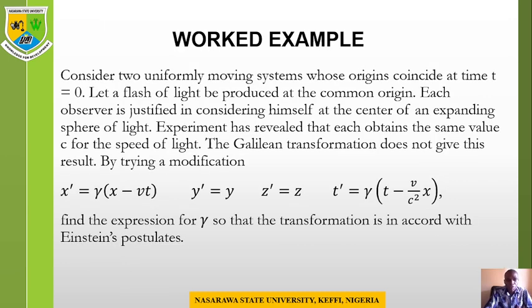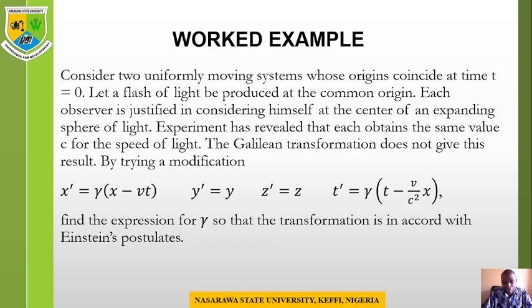Then a worked example to see how we can apply that. Consider two uniformly moving systems whose origins coincide at time t equals 0. Let a flash of light be produced at the common origin. Each observer is justified in considering himself at the center of an expanding sphere of light.